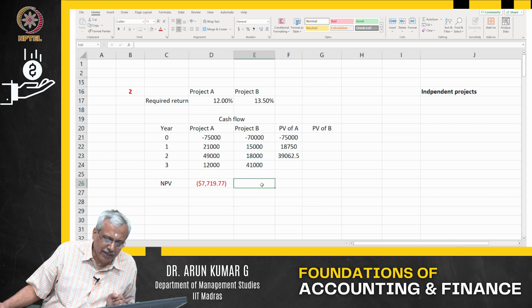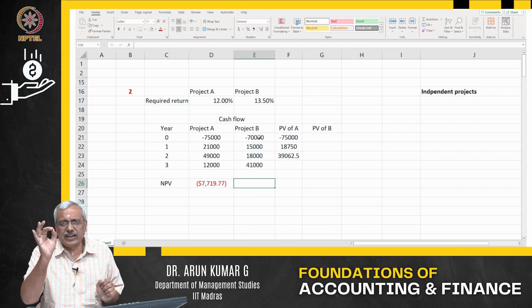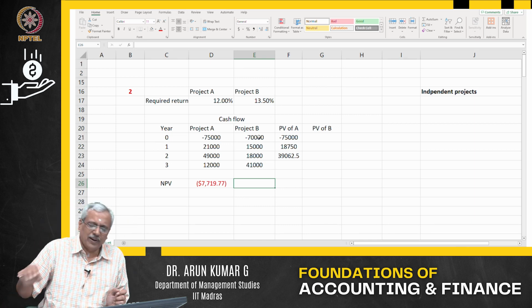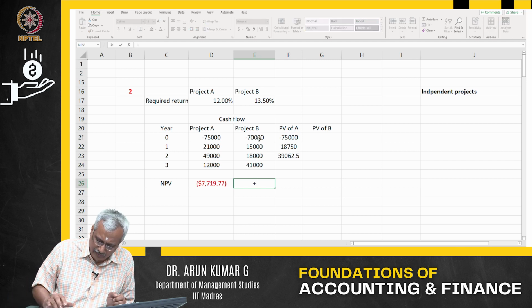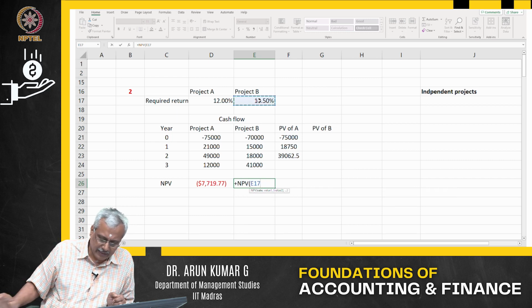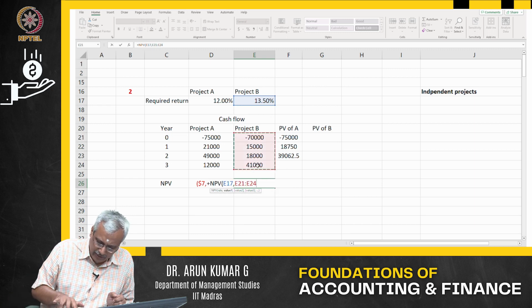I will go to project B. In this case, I will do the same NPV. Of course, you can calculate it the other way, I am not denying that. There will be slight variation in your number calculations. So let us do that NPV here. Rate 13.5, cash flows.